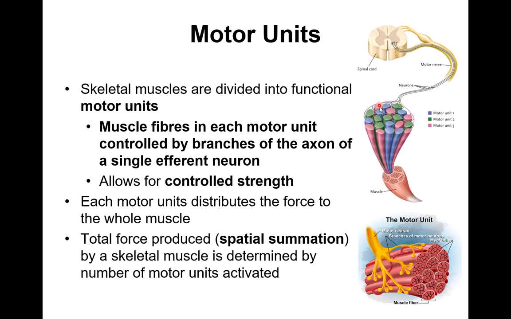So each of these muscle fibers is controlled by a single neuromuscular junction. However, you may have different muscle fibers controlled by single neuromuscular junctions coming from the same axon, therefore from the same neuron. What you can have here, so if this is your motor nerve that controls the contraction of this skeletal muscle, is that it will be made by several neurons, all of them with their body inside your spinal cord here.